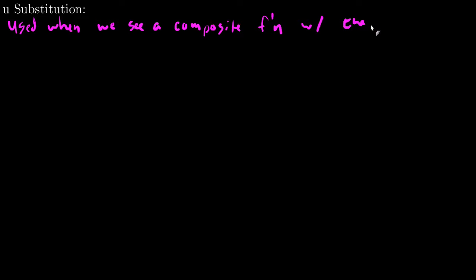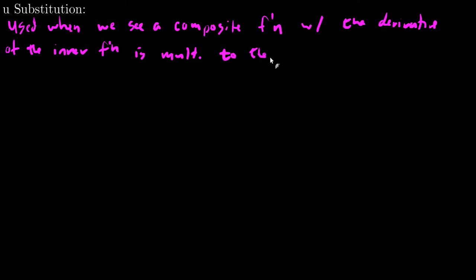So u-Substitution is basically used when we see a composite function where the derivative of the inner function is multiplied in some way, and I'll talk about that shortly, to the rest.